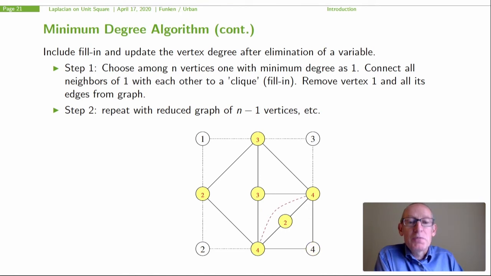I'm sorry, it was not this. This was the next. So this is number 2, and we have some fill-in here. And then now we have fill-in here. This one is small, and 2 is the smallest one in this graph. So we continue here. The next one, we have 4 times the same situation, and it's up to you how to choose the next vertex and the remaining vertex.